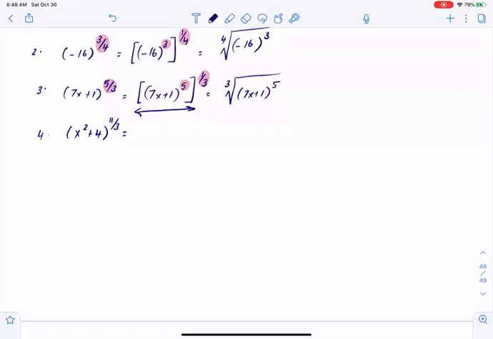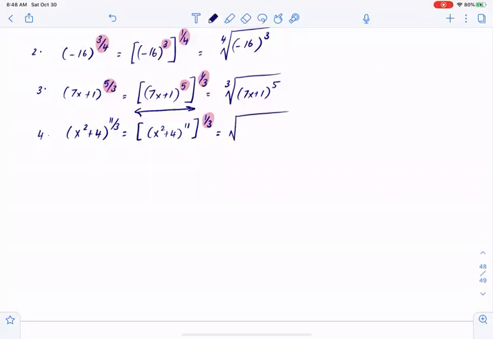So we are going to rewrite x squared plus 4 raised to 11/3 as x squared plus 4 raised to 11 and raise the entire expression to 1/3. We know 1/3 will correspond to an odd root.